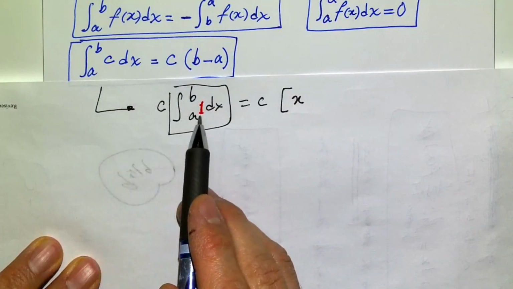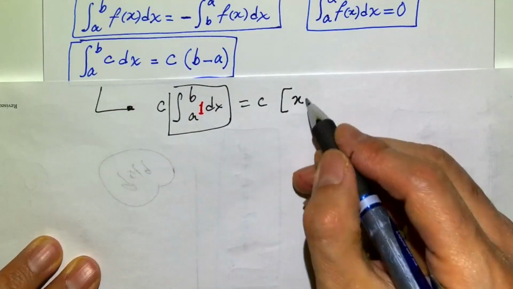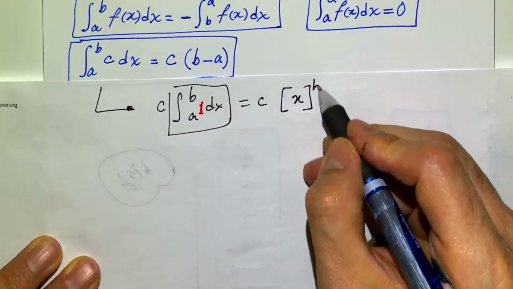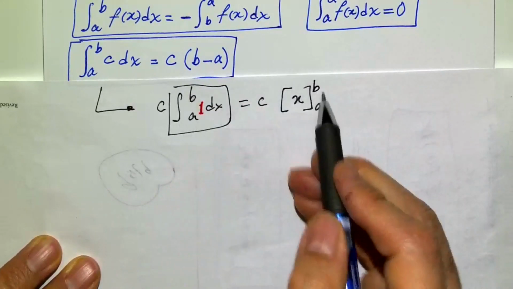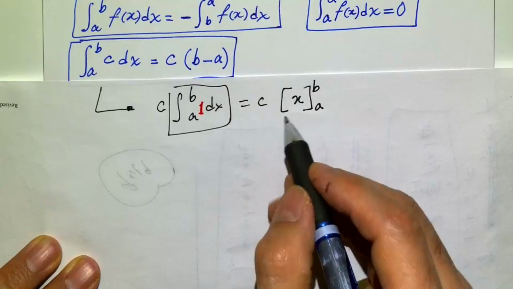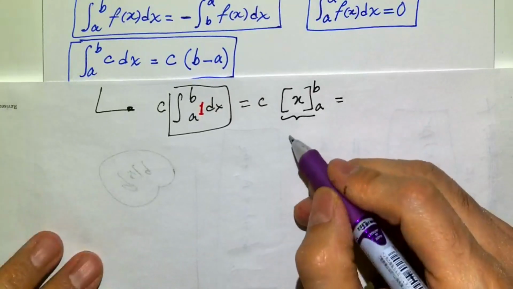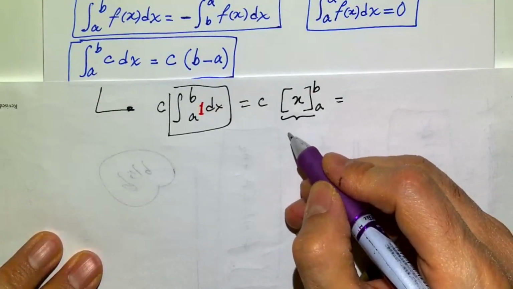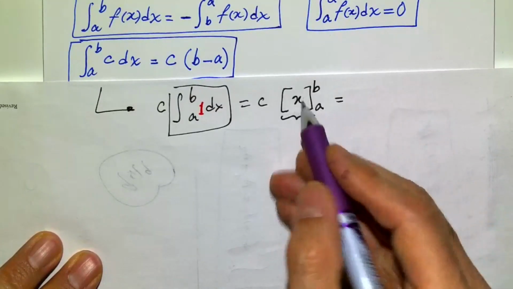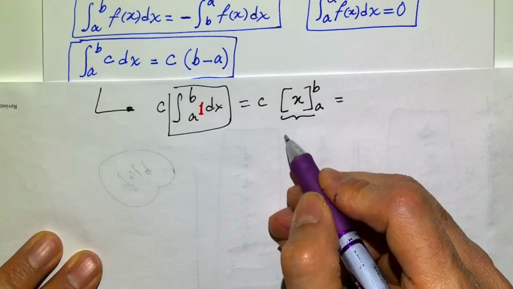We're finding the antiderivative of 1, which will give us x, but we have the limits of integration here, a to b, and this translates into b minus a as we evaluate x at these values.